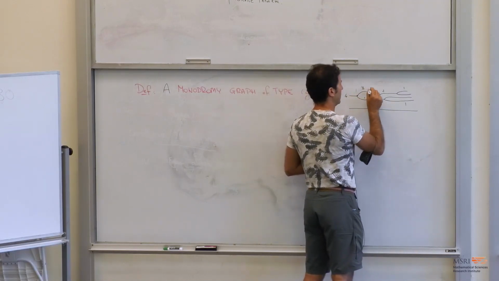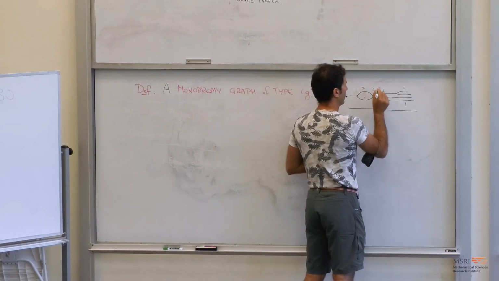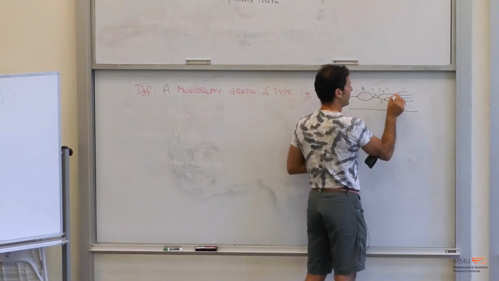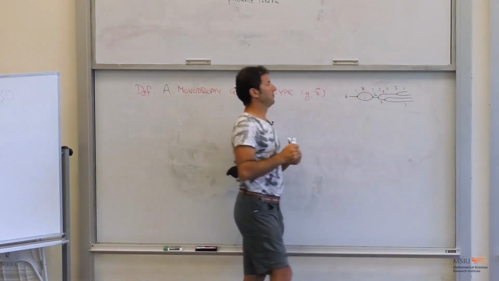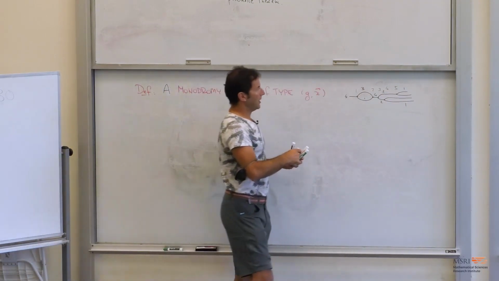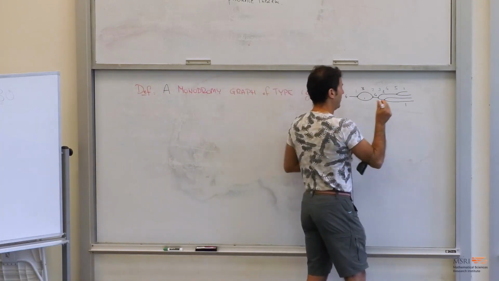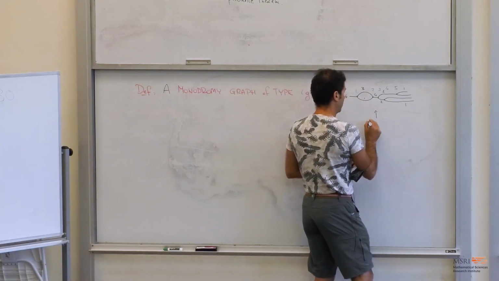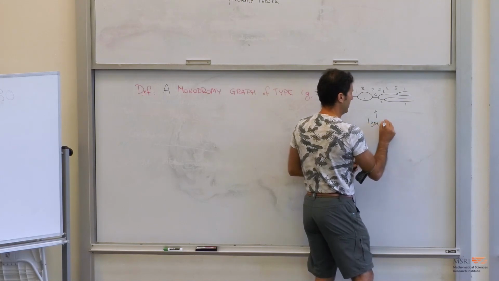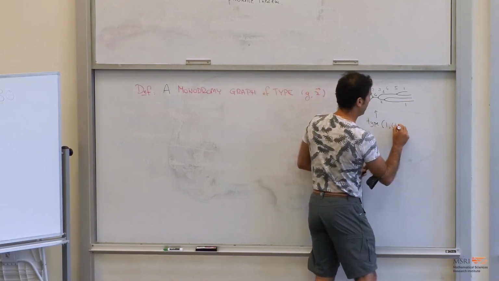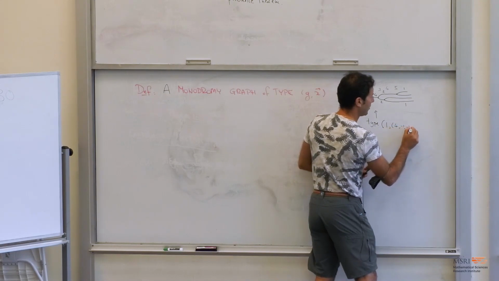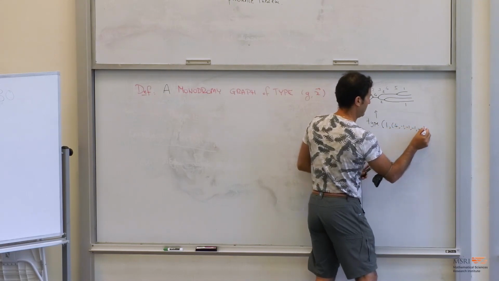One, 2, 3, 4, 5. What is this? Okay, so this is going to be an example of a monodromy graph of type genus is 1, and the x is going to be 4 minus 1 minus 1 minus 1 minus 1.